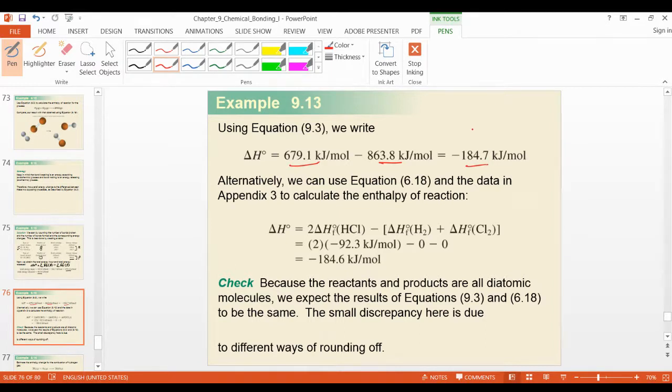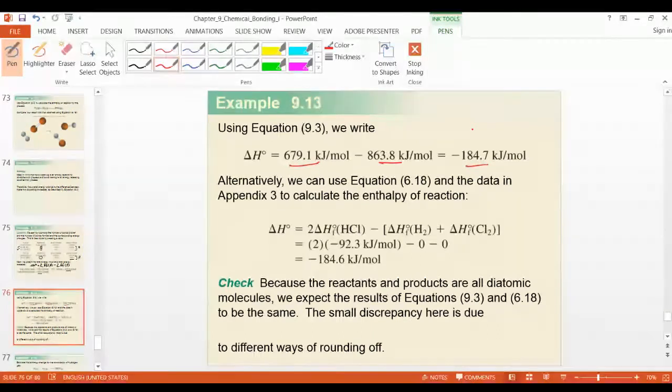So this is the calculation of the bond energy for a chemical reaction, how the bonds are broken and how the bonds are formed. You can write here the bond energy of reactant minus bond energy of the product. Bond energy of the broken bond minus bond energy of the forming bond.